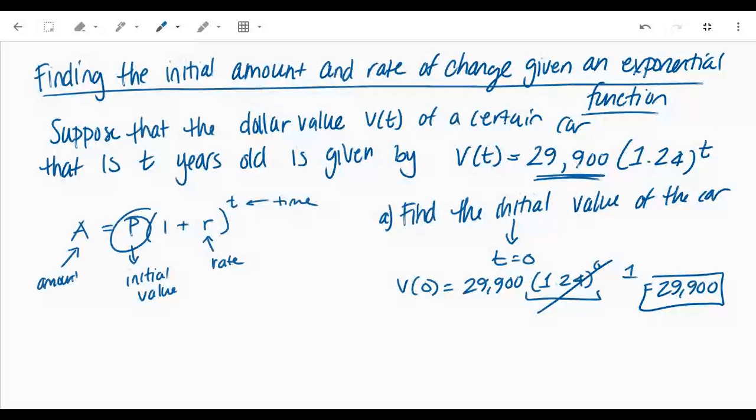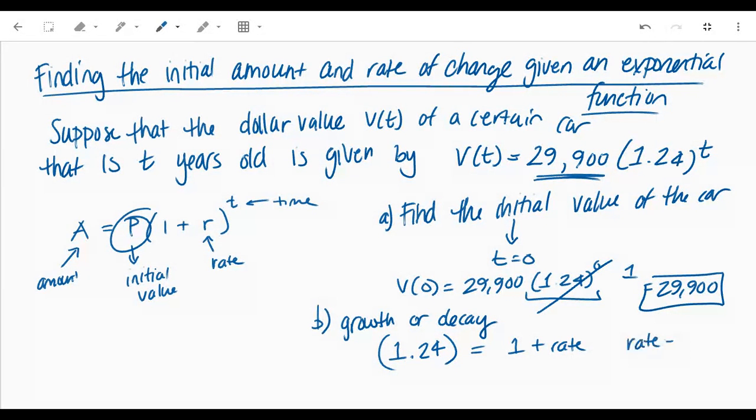For part B, it asks, is this growth or decay? Okay, well, since we have 1.24 in the parentheses, that's 1 plus the rate. So your rate is 24%. Okay, so that's growth.